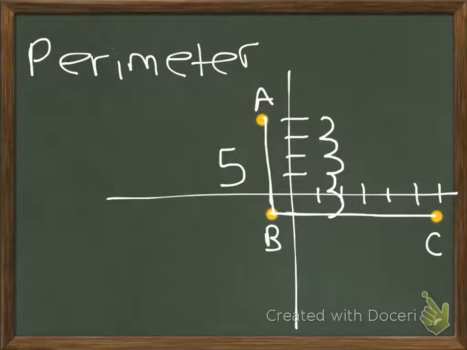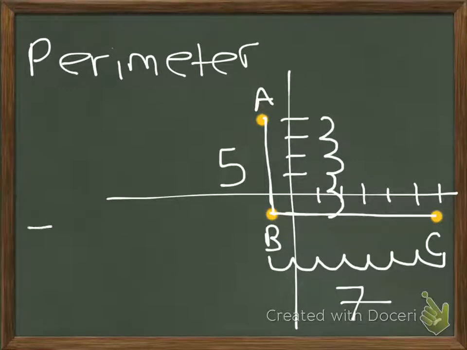And then 1, 2, 3, 7 for this side. Okay, if we want to just do it by hand. So that means the perimeter, we're going to do 5 plus 7, but then we need the last side. Now the last side is the issue because you need to use the distance formula when you have a diagonal line. So we're going to find the distance of AC.